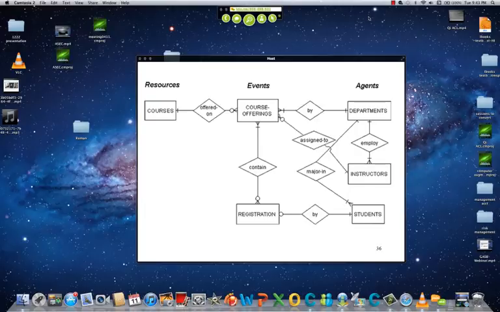We have courses and course offerings. On the courses side, we have a bar, which means mandatory. We don't have a crow's foot, so it means one. So it's mandatory one. On this side, we have a circle, optional, and a crow's foot, many, so optional many. So the relationship between courses and course offerings is mandatory one to optional many.